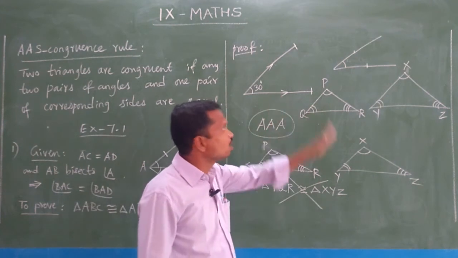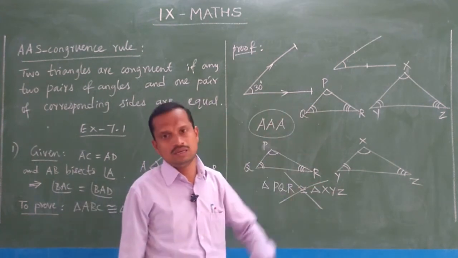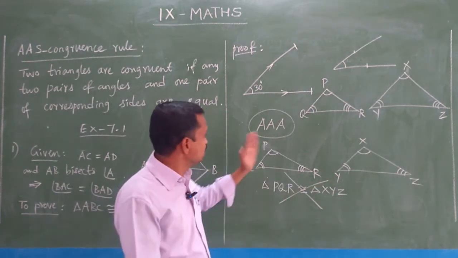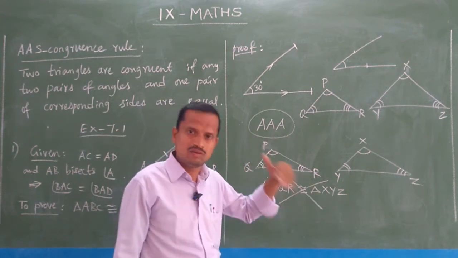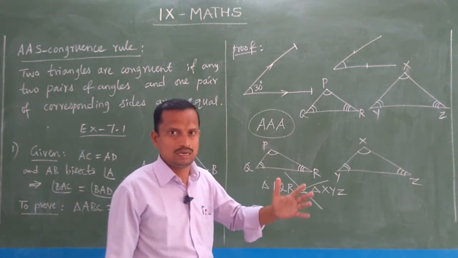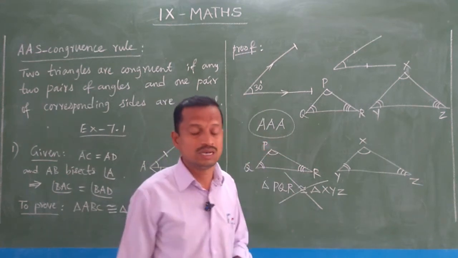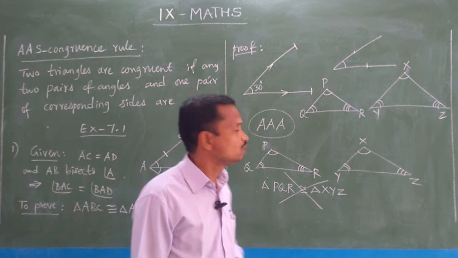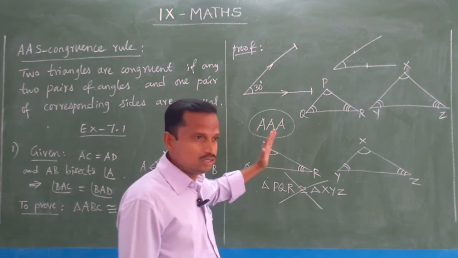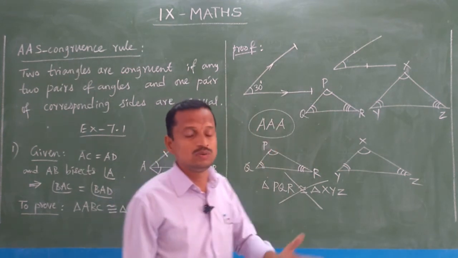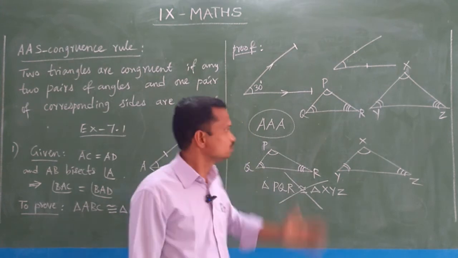The angle may not change if we extend the ray. So if the corresponding pairs of angles are equal in two triangles, you cannot say they are congruent. Is it clear? This rule they did not give in the book. You know why? This is the reason.